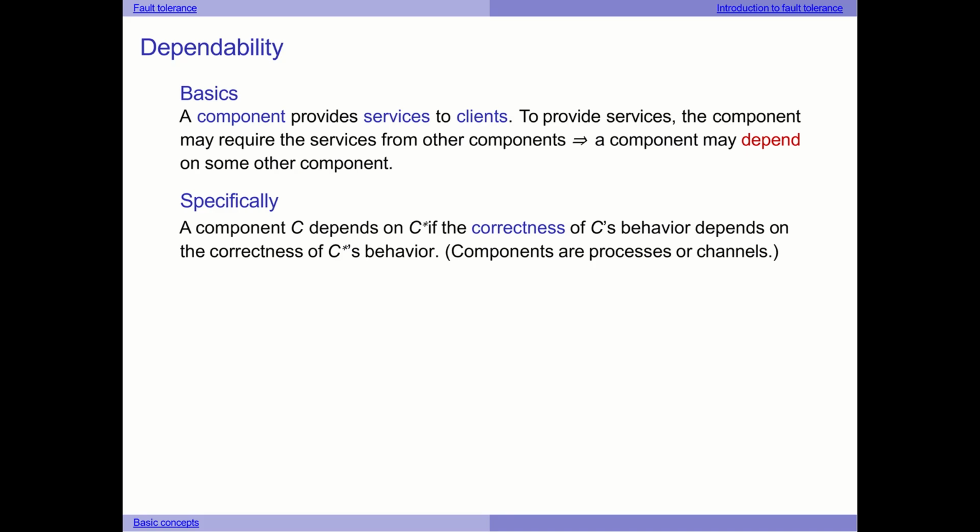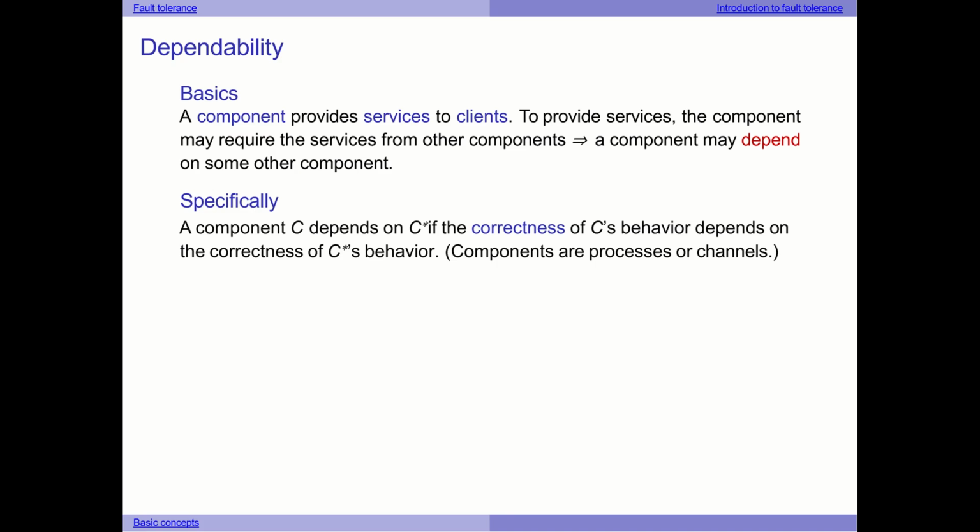So the concept of dependability: a component will provide services to clients. Basically, a component here can be many things. It can be network services, it can be servers, it can be systems. Think of the component like a layered architecture, for example TCP/IP or OSI.